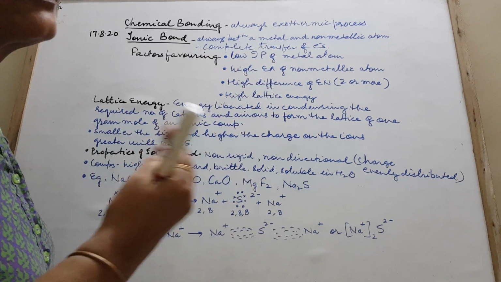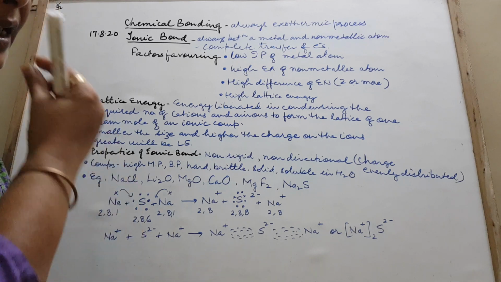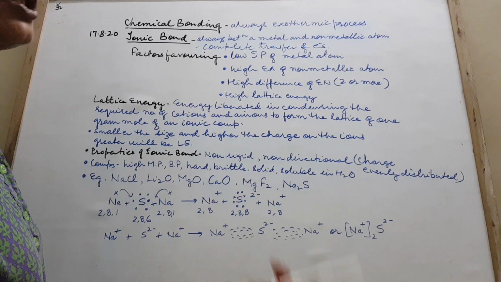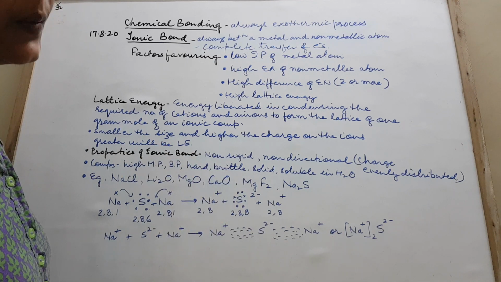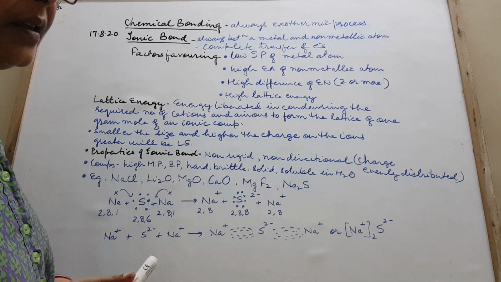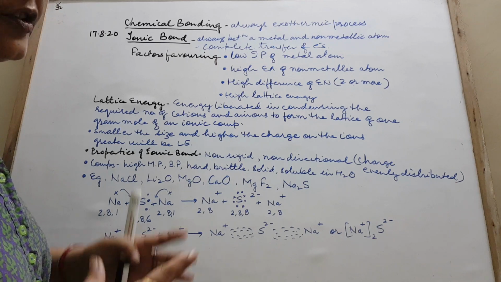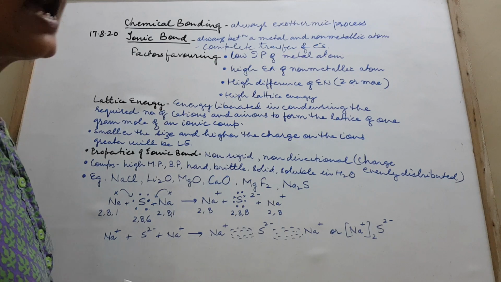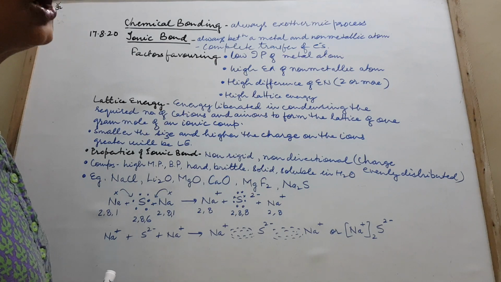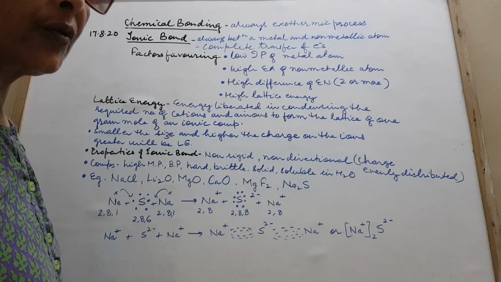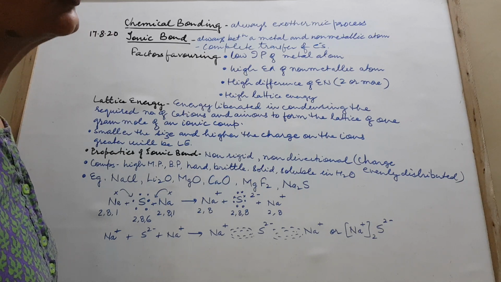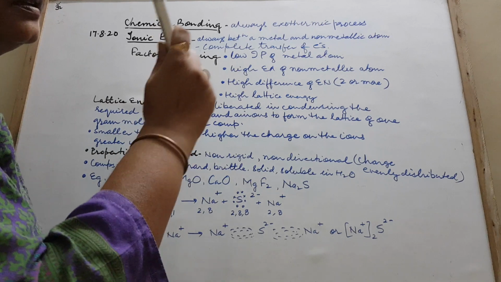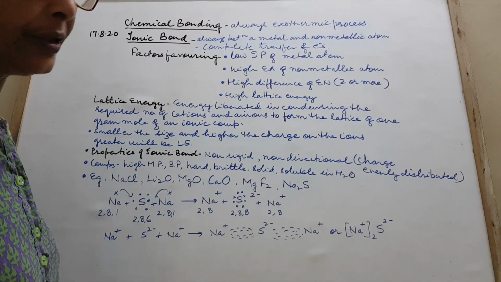The atom which gives out electrons gets converted into a cation. The atom which takes up electrons gets converted into an anion. These oppositely charged ions get attracted towards each other and remain held together with the help of electrostatic forces of attraction or Coulombic forces of attraction. So, this is how the ionic bond is formed.